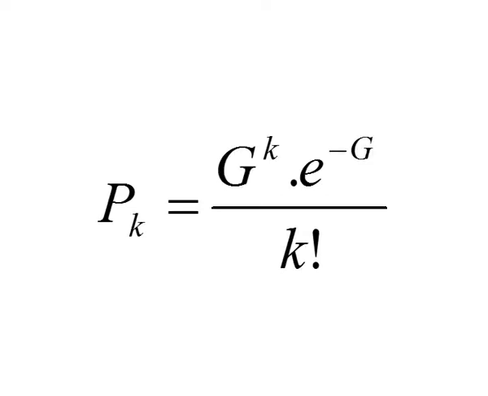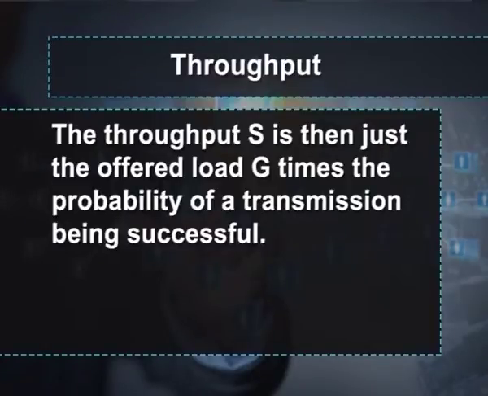To find the throughput of the transmission channel, suppose the probability Pk that k packets are generated during a given slot time follows a Poisson distribution with the mean g per packet time, given by this equation. The throughput S is then just the offered load g times the probability of a transmission being successful.